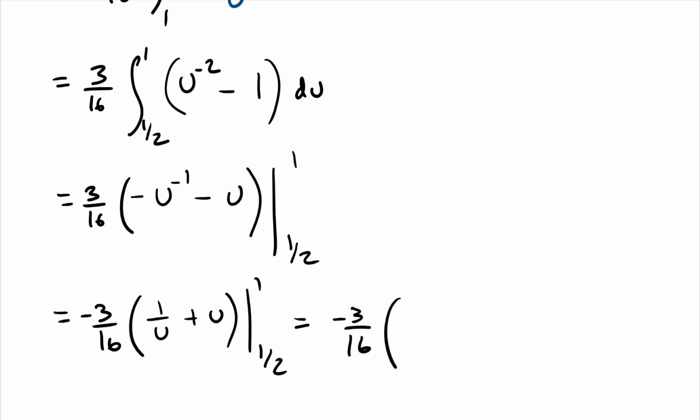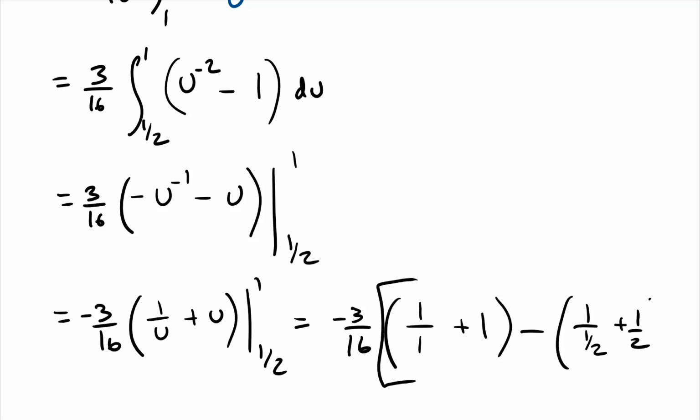So negative 3 over 16 times 1 over 1 plus 1 minus 1 over 1/2 plus 1/2.